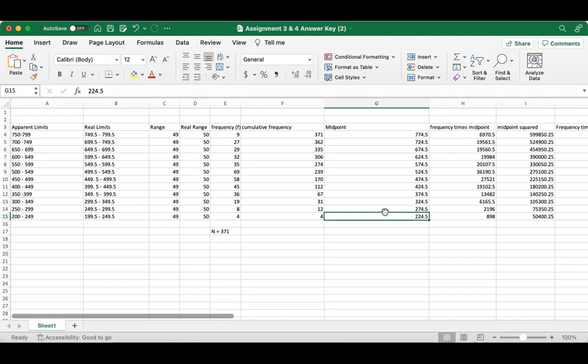I'm using the cells to reference it because it's columns and rows. So this would of course be equals E10 times G10. That makes sense, frequency times midpoint, left to right. Hit enter.